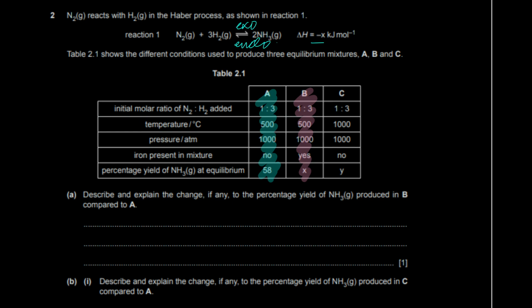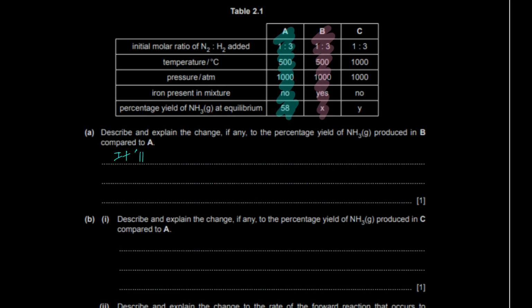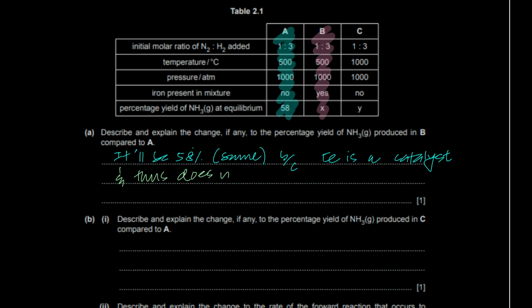But you know the catalyst has nothing to do with the position of the equilibrium and therefore the yield, right? It does not affect the position of the equilibrium. So the yield of ammonia is going to be the same, 58%. Same, because iron is a catalyst and thus does not affect the yield.